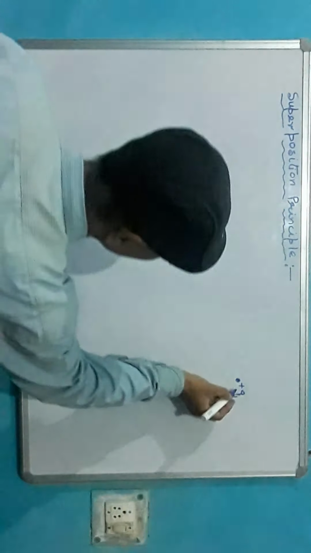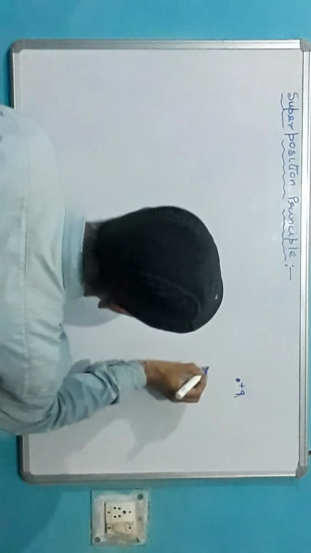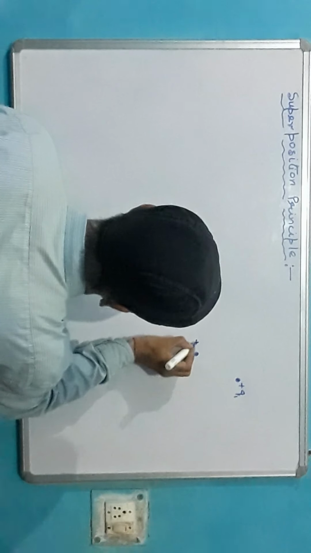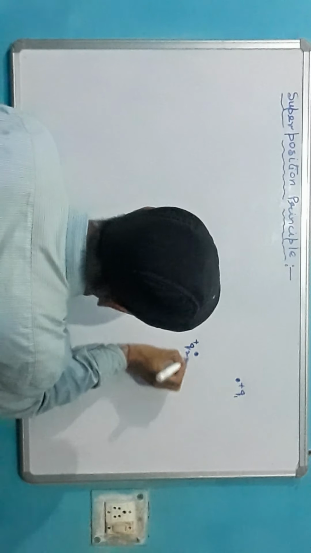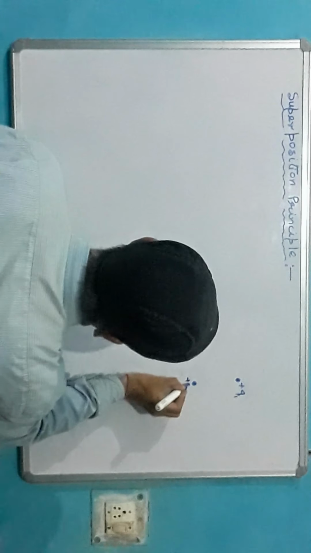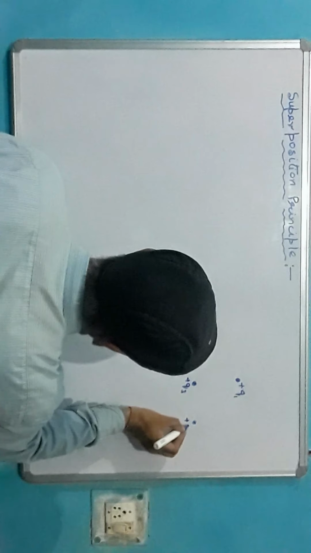I consider a point charge plus q1. Let this point charge plus q1 be surrounded by other charges. Suppose this is charge q2, this is charge plus q3, and this is charge plus qn.